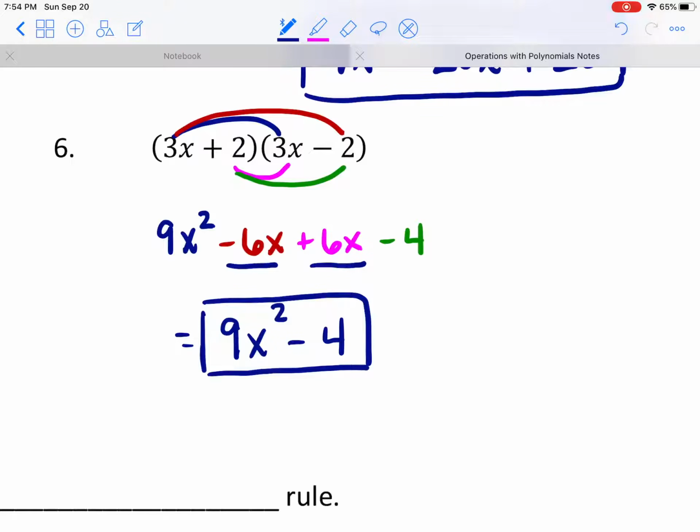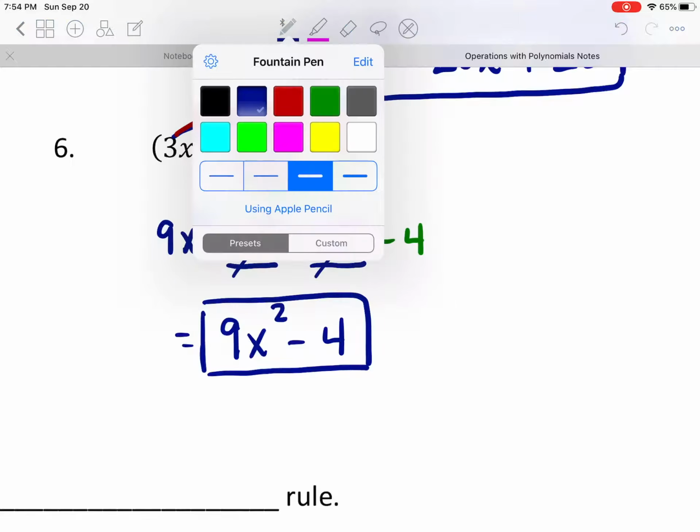Well, if you look at the binomials that we started with, it should make sense that the stuff in the middle was going to cancel, because those binomials were almost the same. They produced almost the same results in the middle. The only thing that was different was one had a positive, one had a negative. And so one positive, one negative made those two cancel, right? These two canceled out. Those canceled.